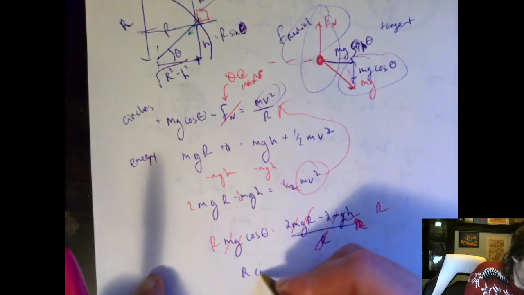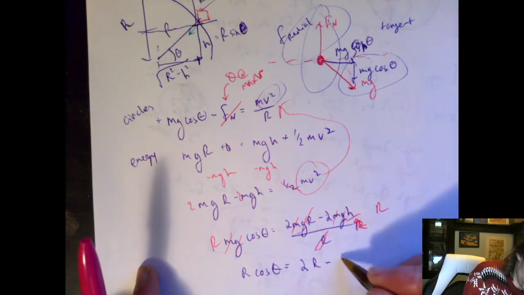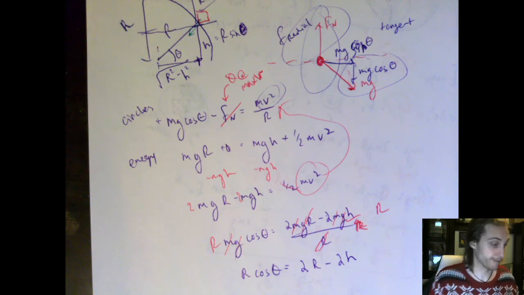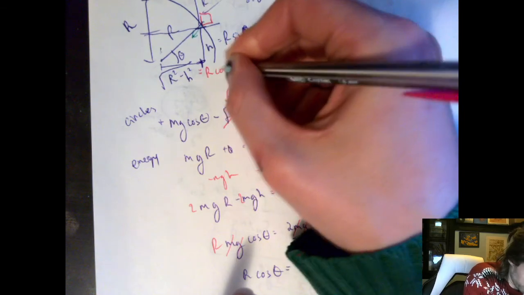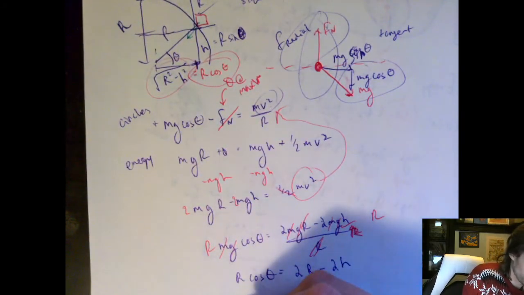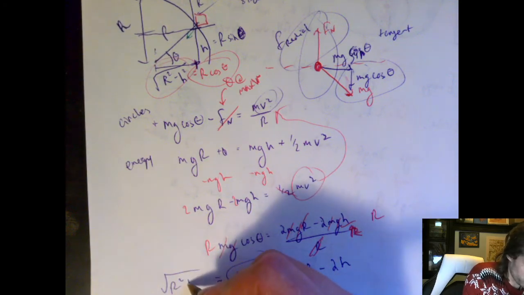And so when I do that, what I'm left with is r times cosine theta, which is equal to 2r minus 2h. Now, neat thing I can do here. r times cosine theta is actually this side length, which, via the Pythagorean theorem, is also the square root of r squared minus h squared.